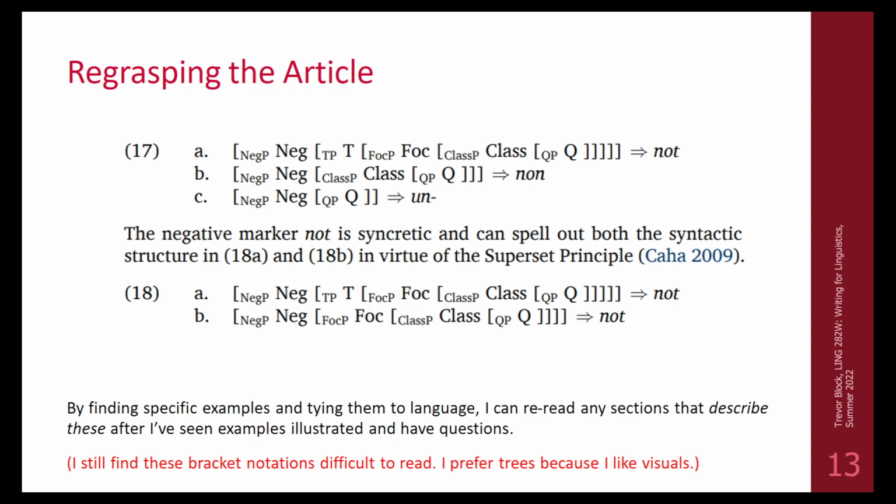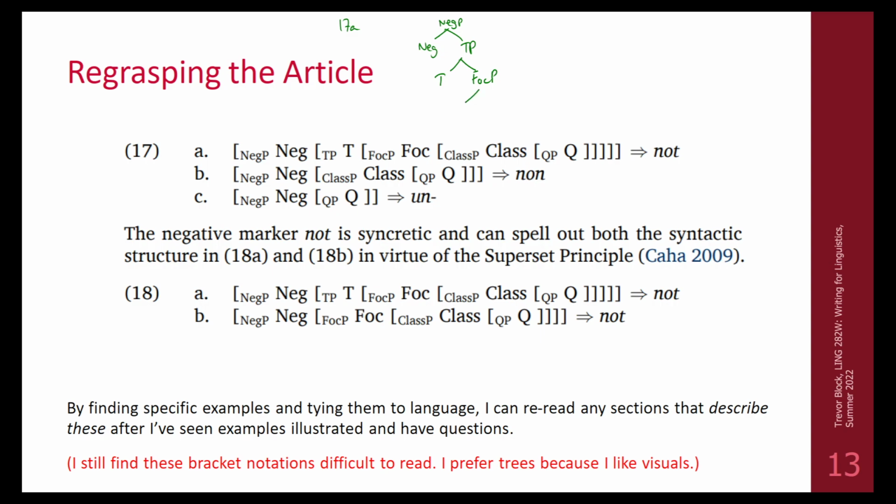So in 17 and 18, they put this in a bracketed notation for tree structures. This is a tree structure, 17 ABC, 18 AB, but it's written a little bit differently. If we just take a look at 17A, this is really just a way to draw out this tree.